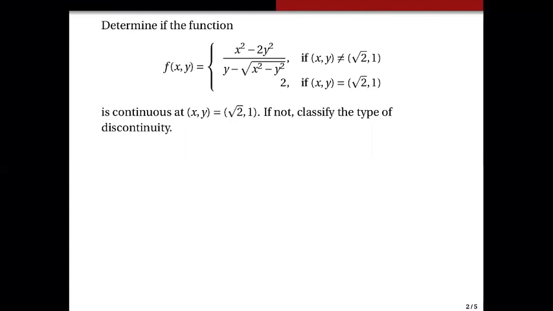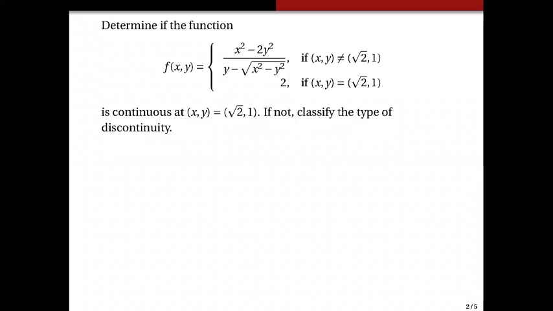Determine if this function f of x, y, which is a piecewise function given by this expression here, is continuous at the point (x, y) equal to (square root of 2, 1). And if not, classify the type of discontinuity.